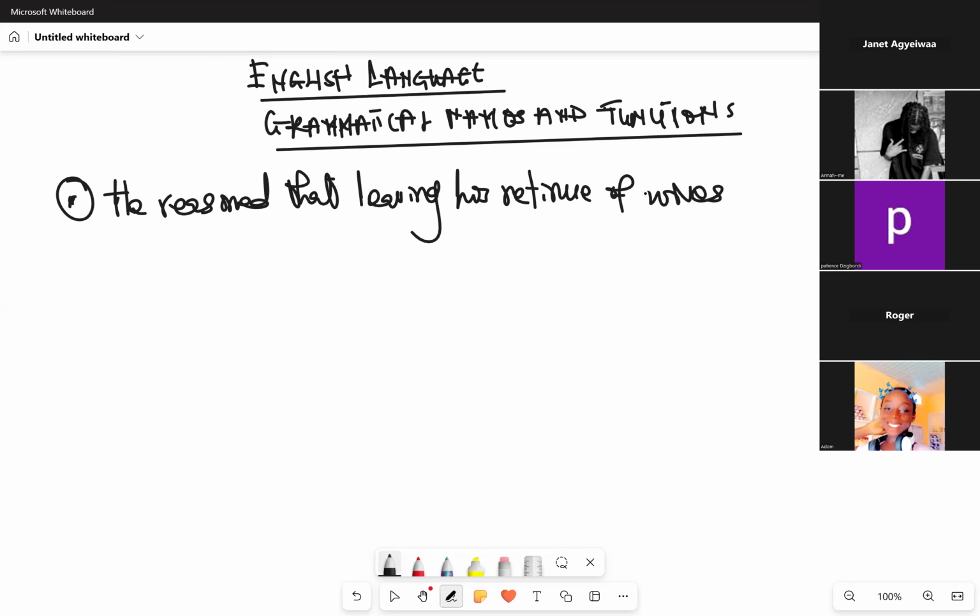Of wives. It's interesting that you guys seem not to have this. Children. Servant and relative. Servants and relatives.